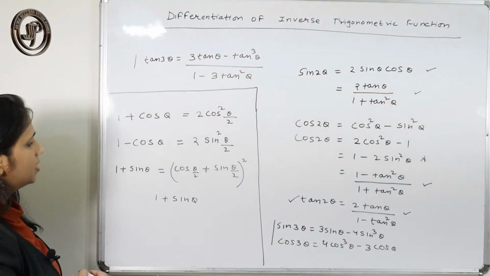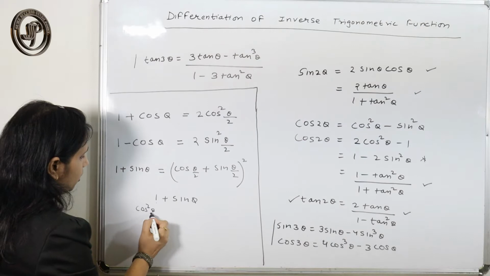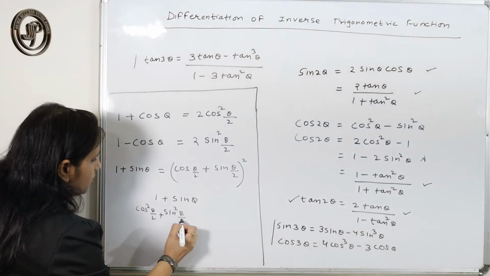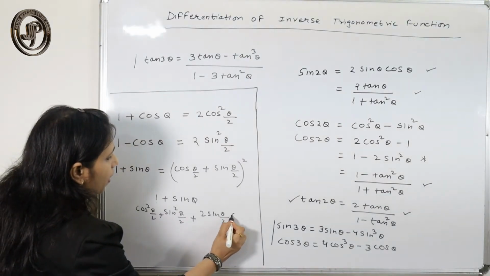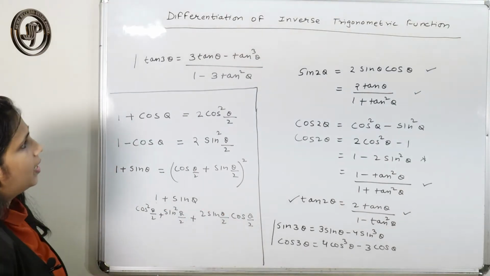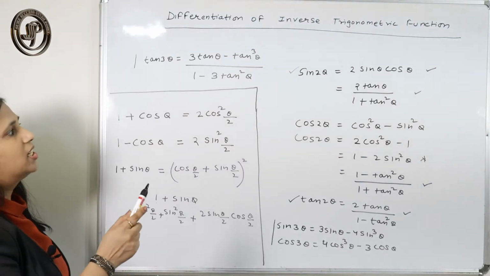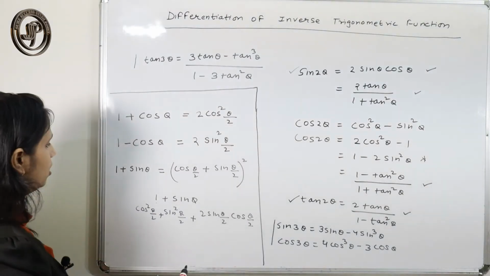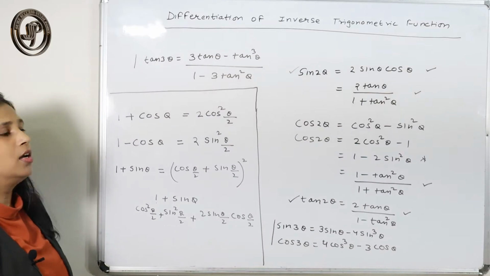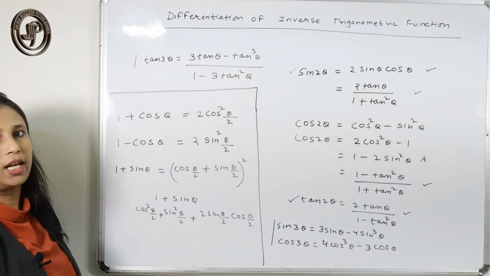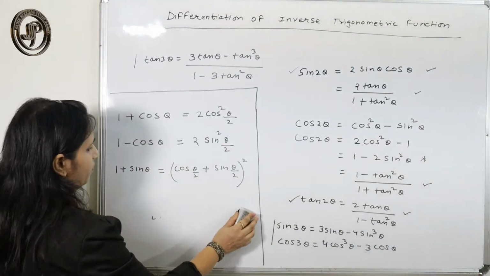You can write 1 as cos square theta by 2 plus sin square theta by 2, and sin theta you can write as 2 sin theta by 2 cos theta by 2. That I have derived from here: sin 2 theta is 2 sin theta cos theta, so sin theta will be 2 sin theta by 2 cos theta by 2, right? If you just close this identity, you will get cos theta by 2 plus sin theta by 2 whole square. This way I have derived this formula.